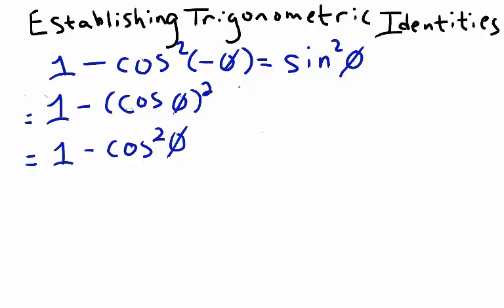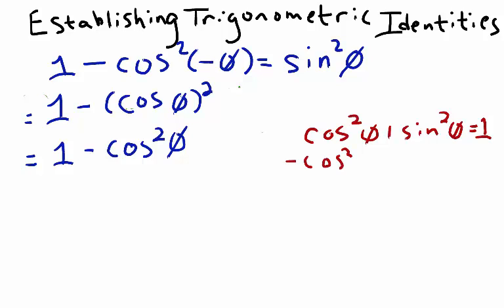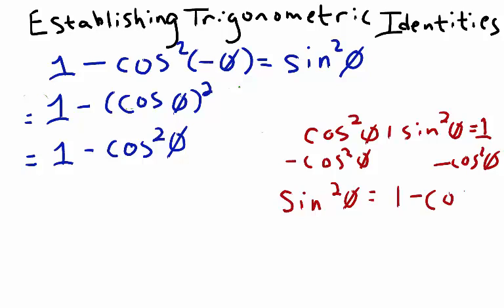Now, let's consider the Pythagorean identity cosine squared theta plus sine squared theta equals 1. If we rewrite this Pythagorean identity by subtracting cosine squared theta from both sides, it's clear that sine squared theta equals 1 minus cosine squared theta, which is the expression we have here.